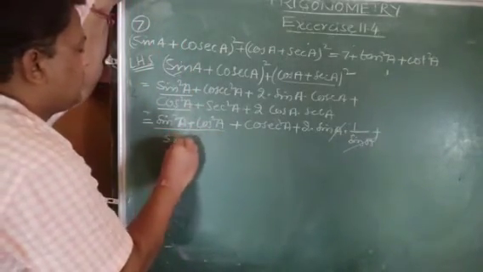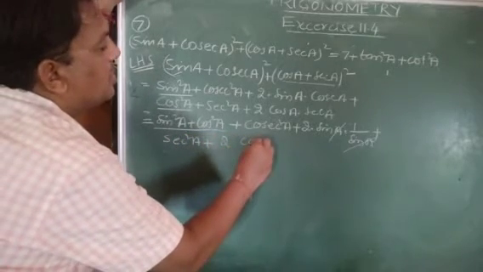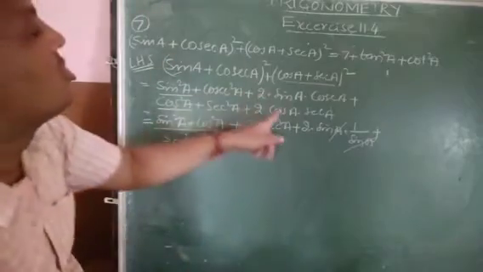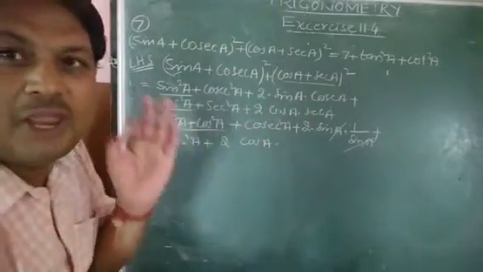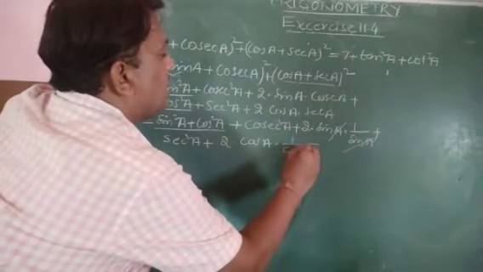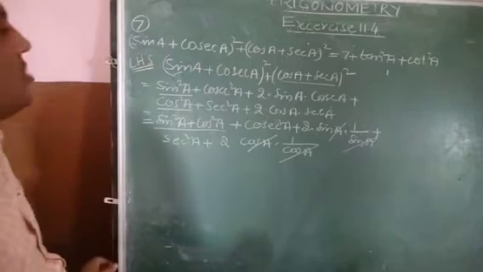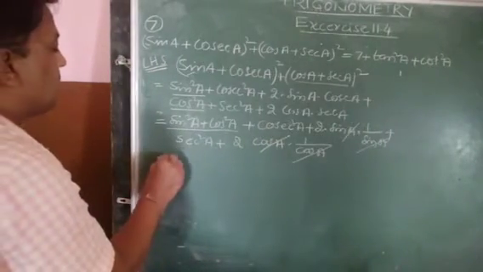So what is left? Sec square A plus here 2 into cos A into sec A, and sec A and cos A are multiplicative inverses, so 1 by cos A cancelled, children. So now it is becoming simpler.